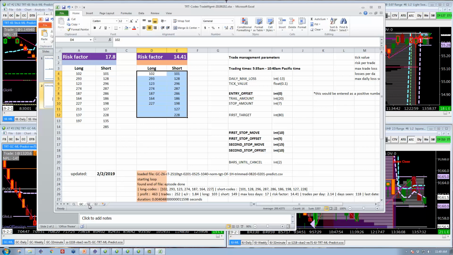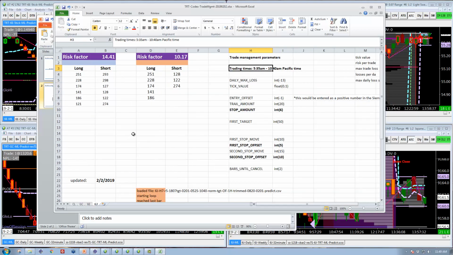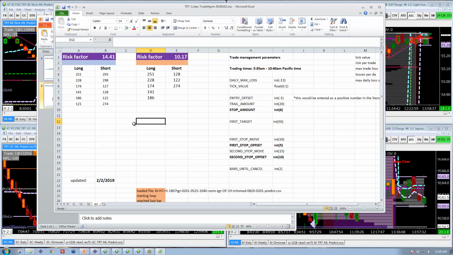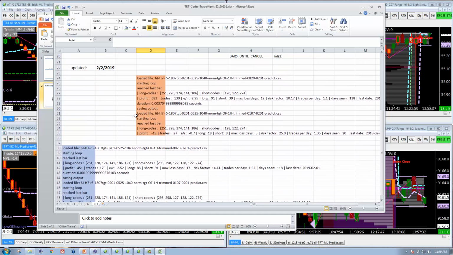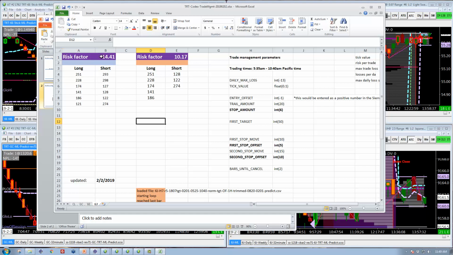The currencies are interesting. So let's look at the yen. So the yen is the same thing. I found sort of 2 sets to work with, and part of the reason I went looking for 2 different sets is because of what you see here in the more aggressive, so risk factor of 14.41, which is still well below 20.